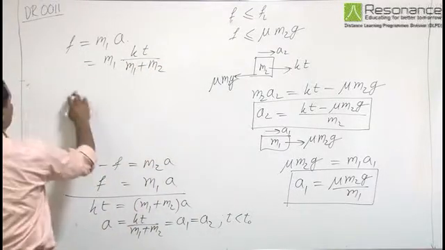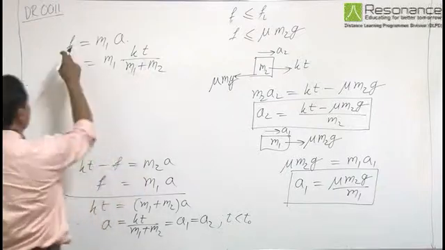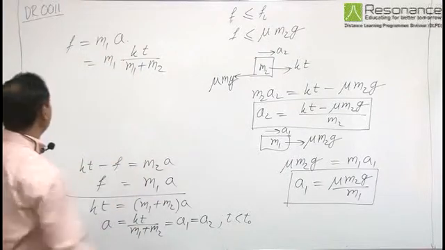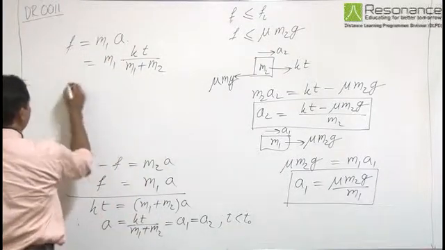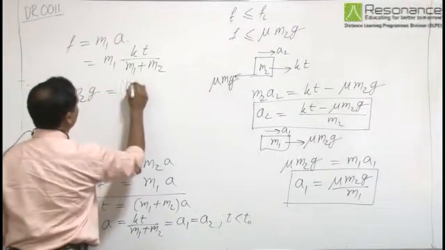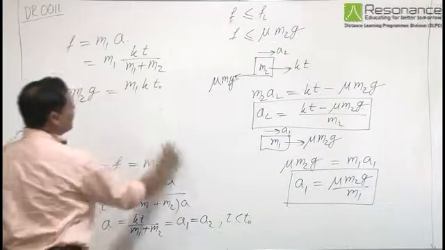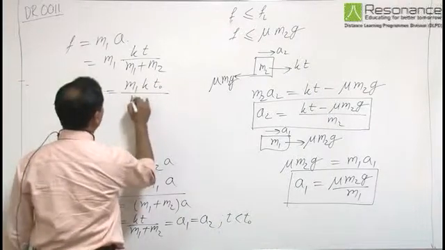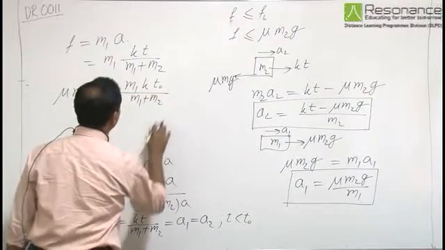This is the frictional force, and the moment when friction reaches the limiting value, let the time be t0, mu m2 g is equal to m1 k t0 by (m1 plus m2).